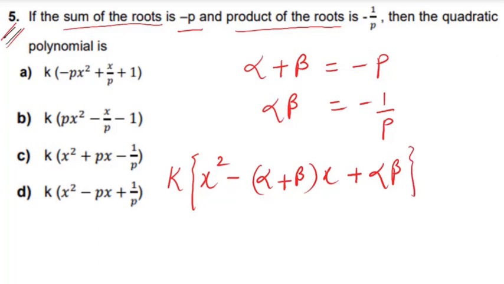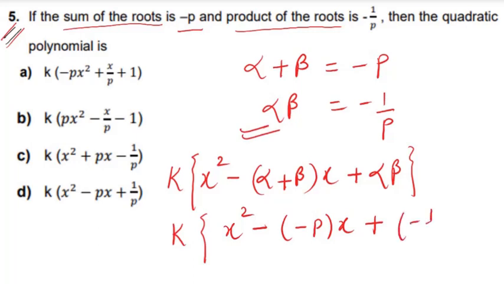So k times x square minus the sum of the roots, minus p, x plus the product, minus 1 upon p.